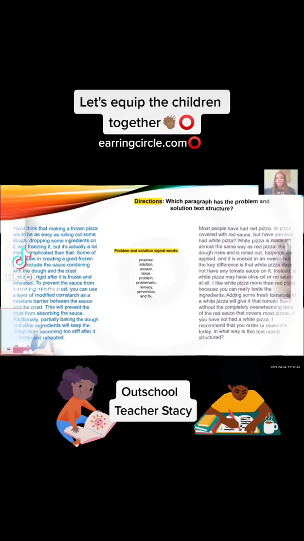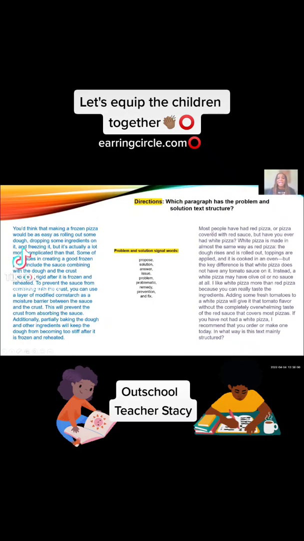Okay. So let me just continue on, show you what I did and make this smaller. Then what I did was I had them read the paragraphs. I had a student volunteer to read the paragraphs for me. Sometimes you have two students, and you have one student read the first paragraph and another read the second paragraph.